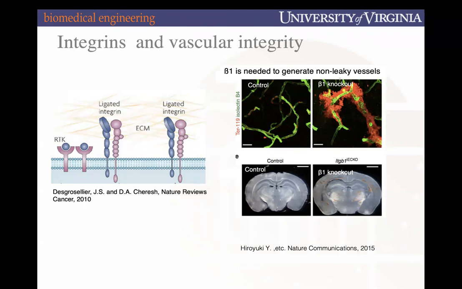What's really interesting is if you inject a mouse with some fluorescent probe, and you genetically delete all of the beta-1 integrins in a mouse, when you inject something into the vasculature, you'll see that their blood vessels become super leaky. The same thing occurs within the brain as well. This indicated that beta-1 integrins are super important for the integrity of our blood vessels.